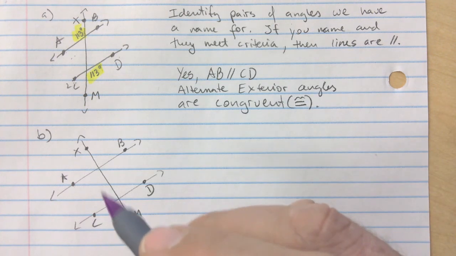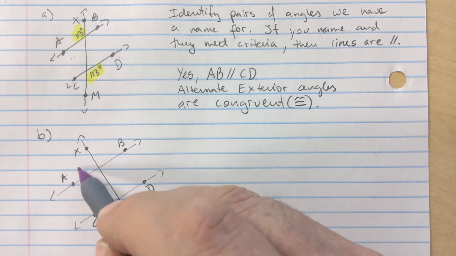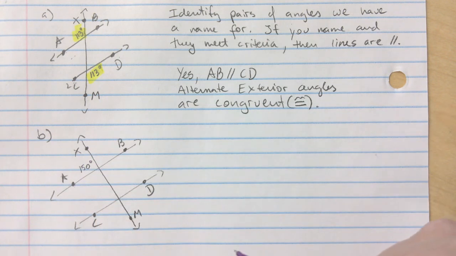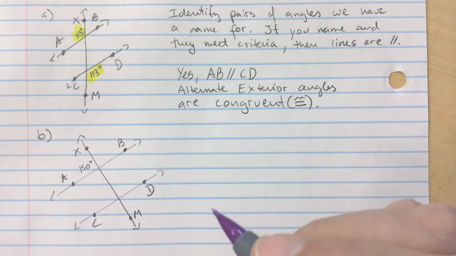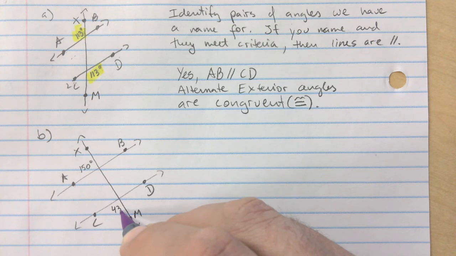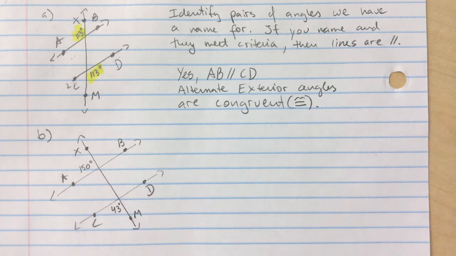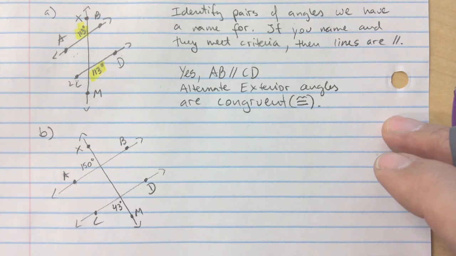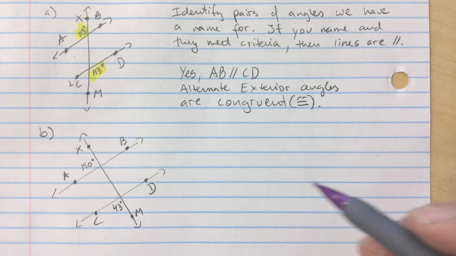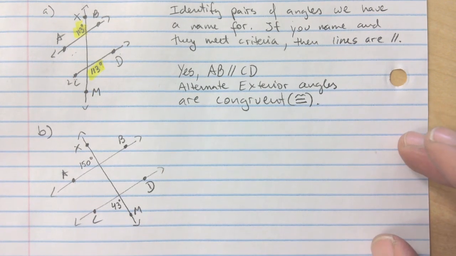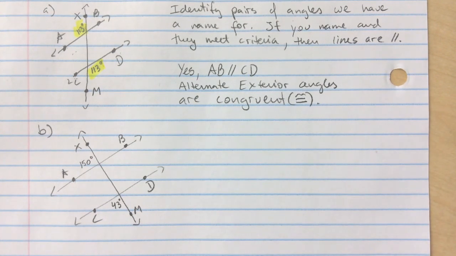We're going to have 150 here. We're going to have 43 here. And that's it. Just copy that part down. The question is still, is AB parallel to CD?